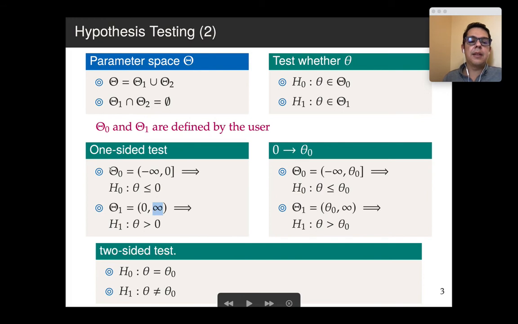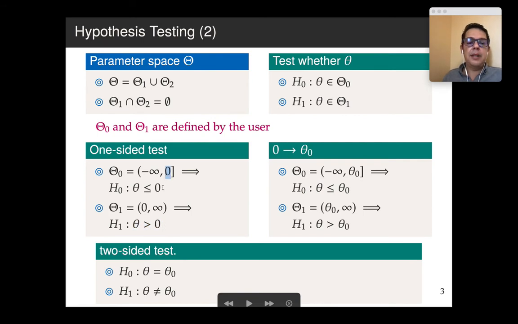This theta 0 corresponds to the null hypothesis, and this set can be represented with this notation, and the alternative hypothesis corresponds to this notation.